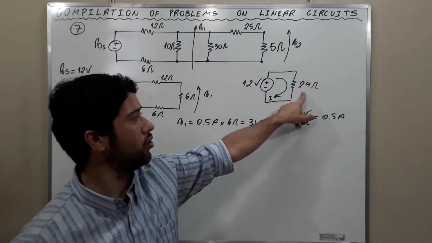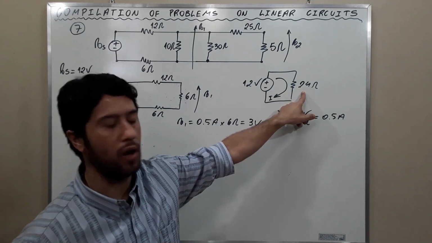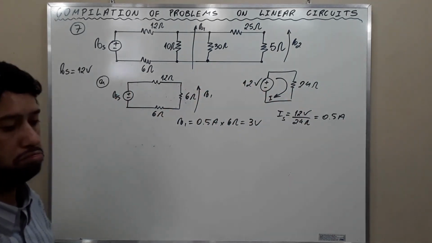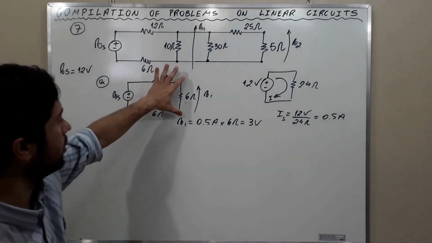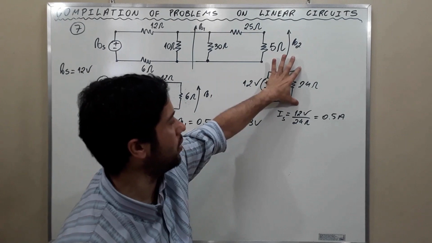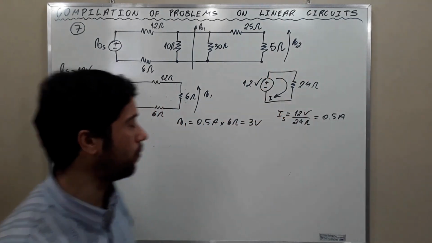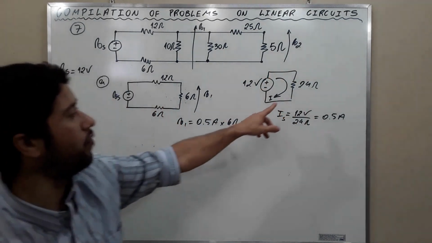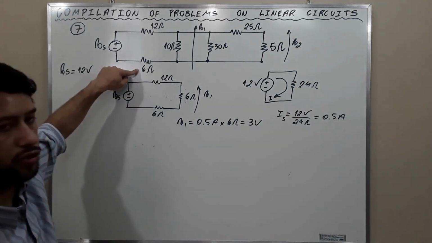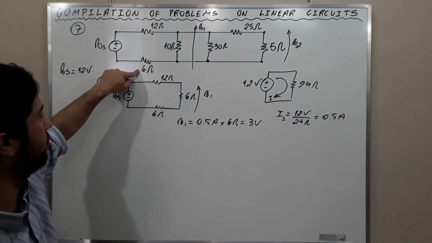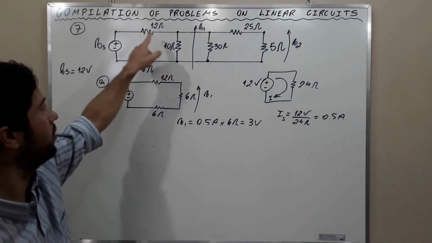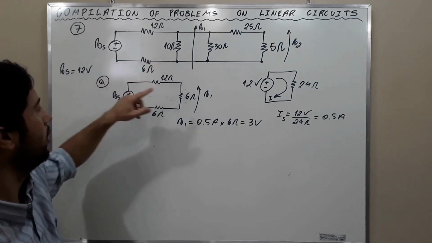you must not use 24 ohms to calculate V1. You may think, oh, V1 is here. Why not calculate V1 here using 24 ohms? No, because 24 ohms is taking into account all these resistances here: 6, the equivalent resistance, and 12.